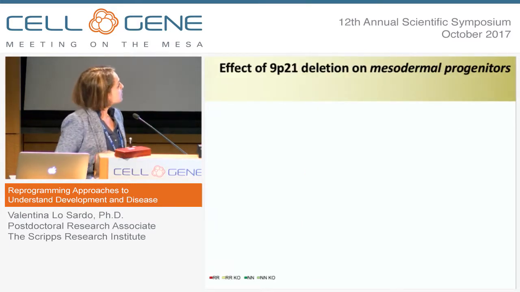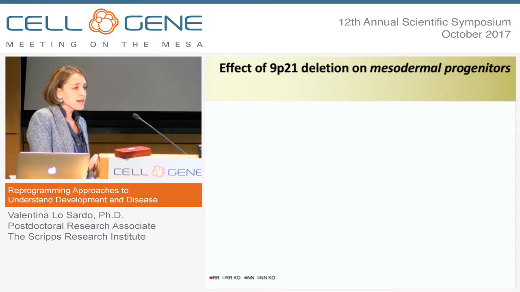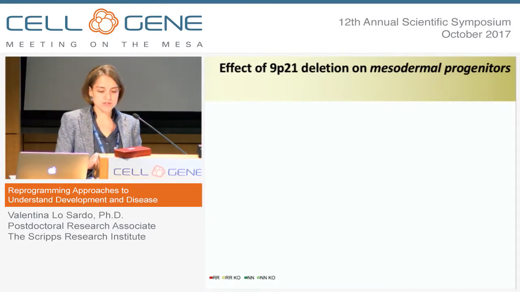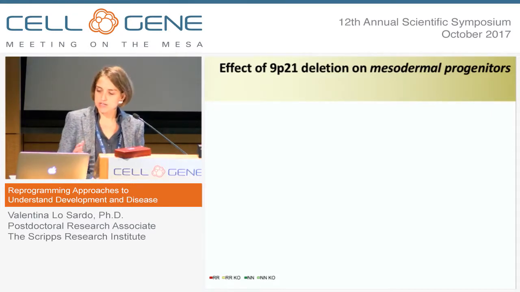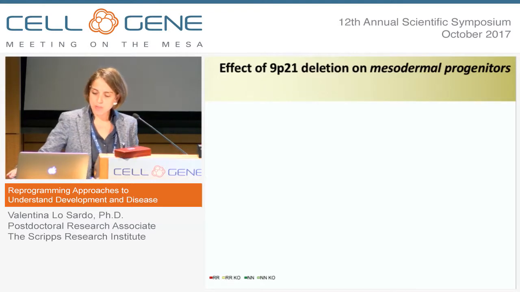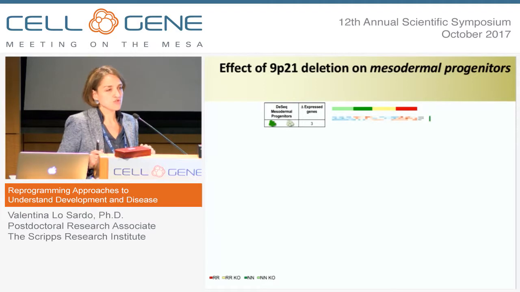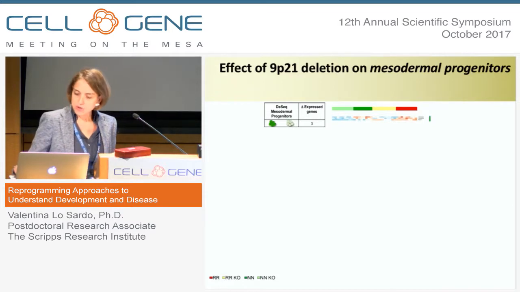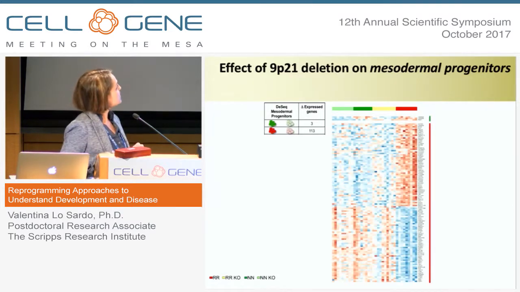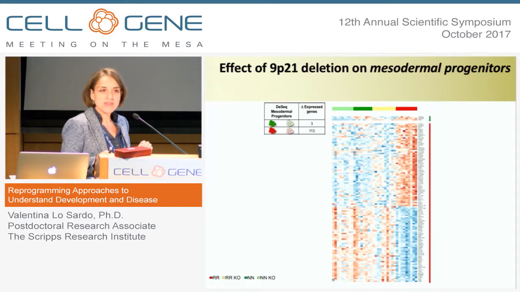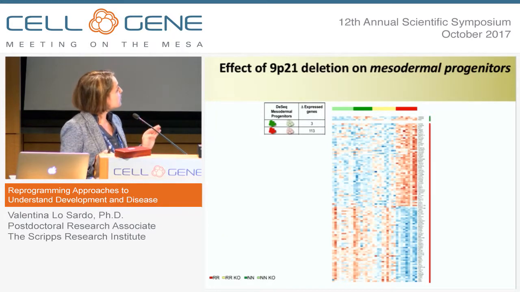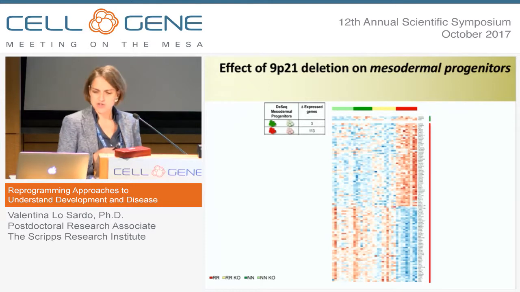For the mesodermal progenitors, we did RNA-seq and looked at differentially expressed genes. The first comparison we did was non-risk versus its isogenic knockout line. We found a very minimal difference: only 3 genes were differentially expressed. But if you go to the risk cells versus their isogenic knockout line, there is an increase in the number of differentially expressed genes.